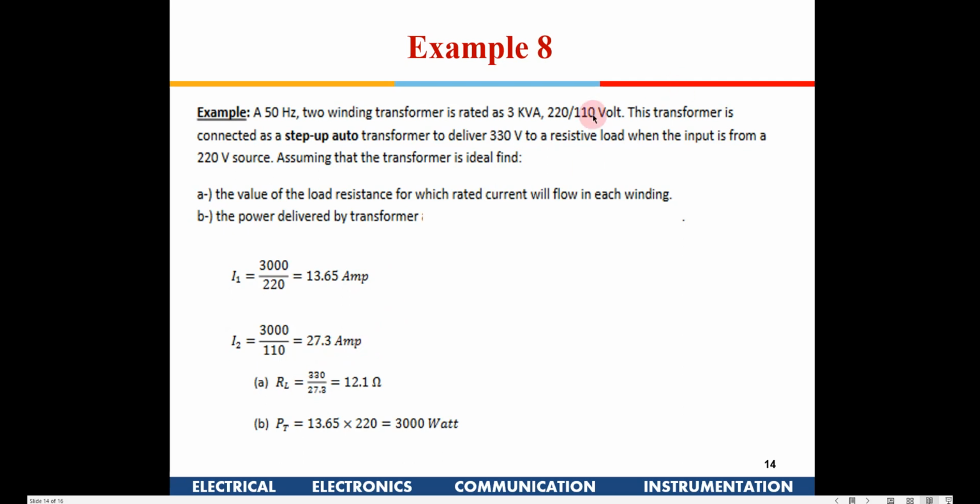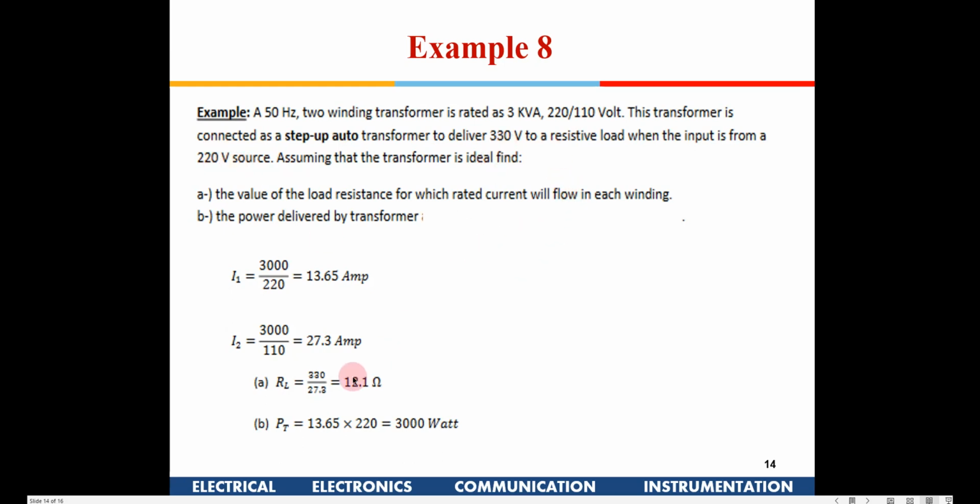Now the next question is another: the transformer is connected as a step up auto transformer to deliver 330 volt to a resistive load when the input is from a 220 volt source, okay. Where actually 110 was there, we are supplying it with 220 source, right.